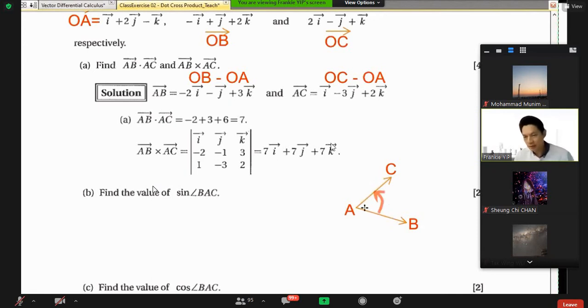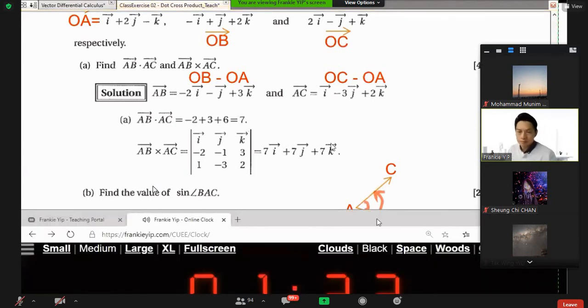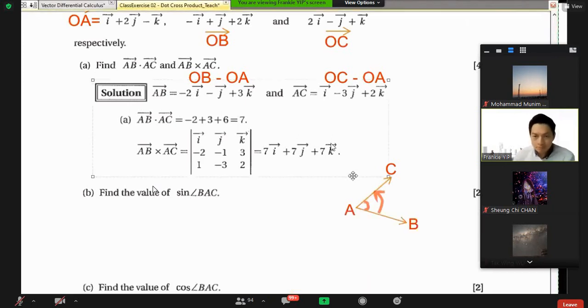This is the angle theta. Then you need to work on some of the cross product, right?